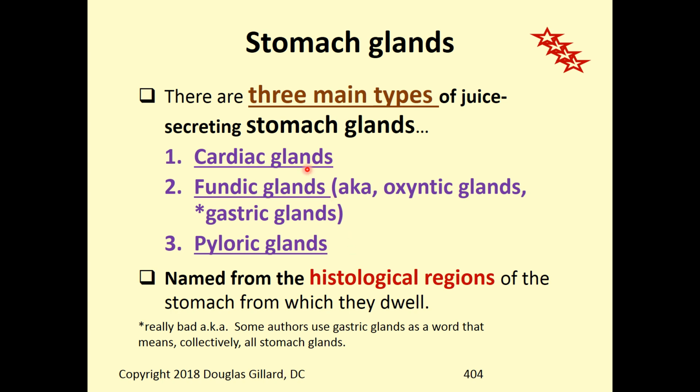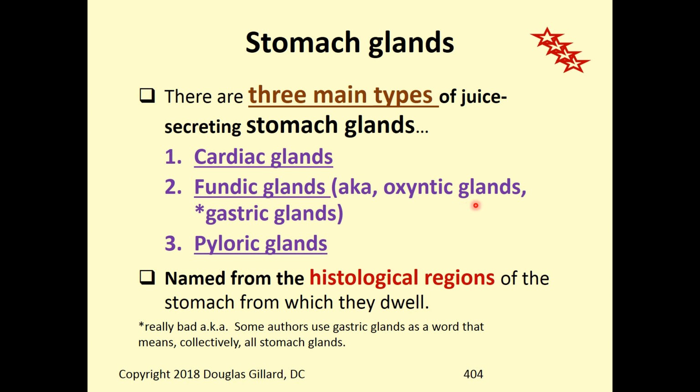Okay, these regions don't match the anatomical areas of the stomach. They were named by histologists and pathologists based on which type of gland the region of the stomach contained. For example, the cardiac region of the stomach contains cardiac glands that only secrete mucus.